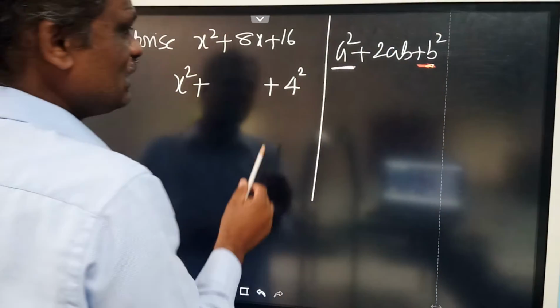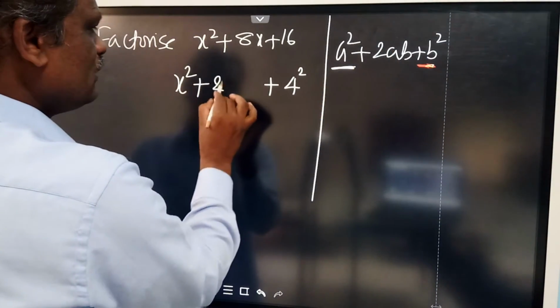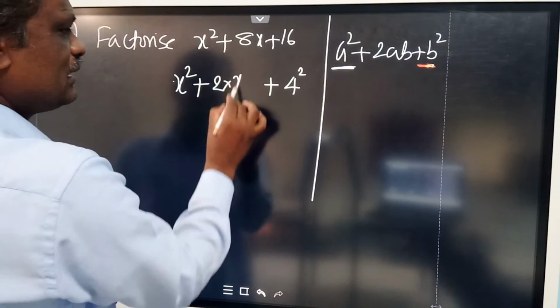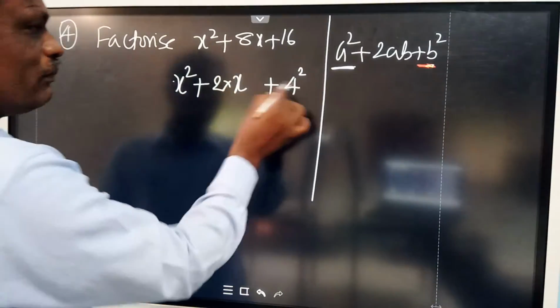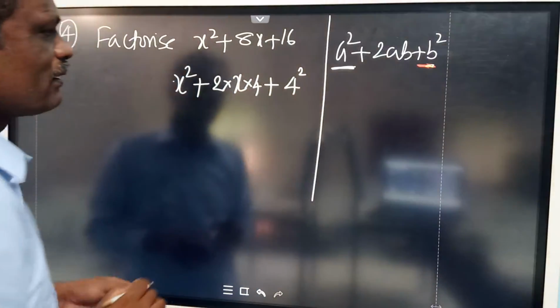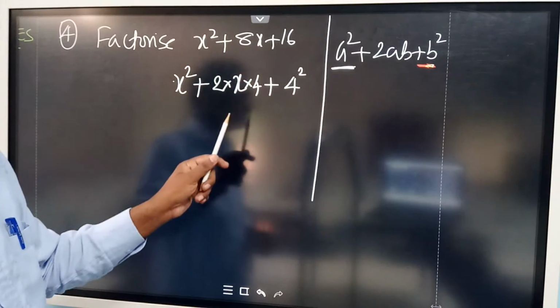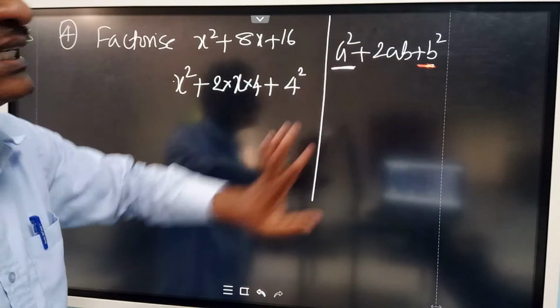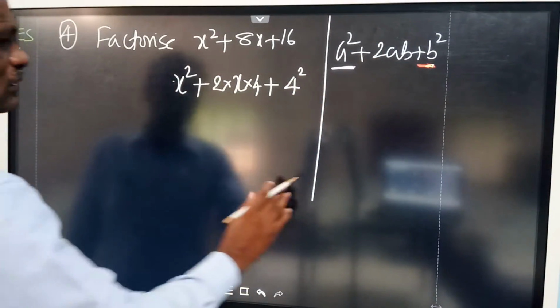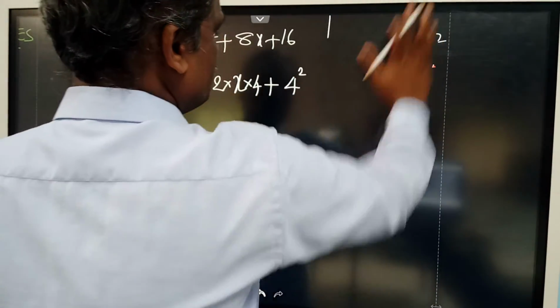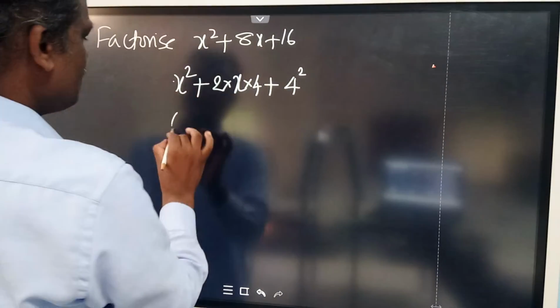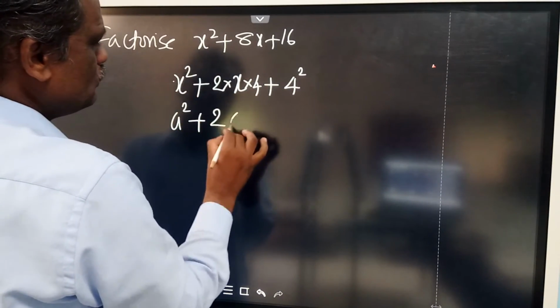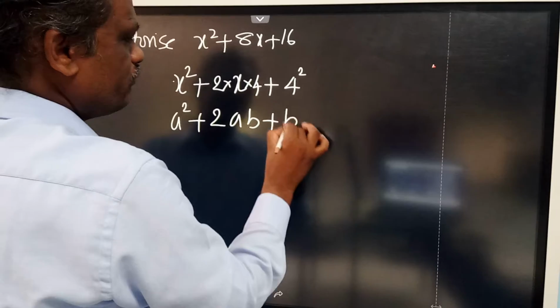Then you can write the middle term, 2ab: 2 into a value x and b value 4. If you multiply, you should get the middle term, 2 fours are 8, 8x. Now this expression is in the form of a square plus 2ab plus b square.